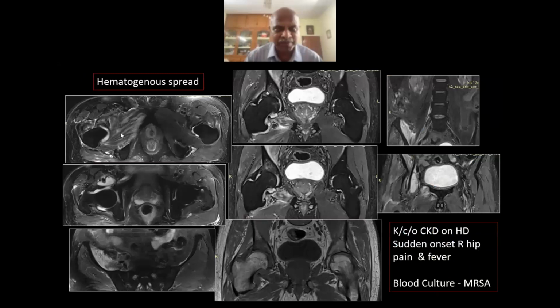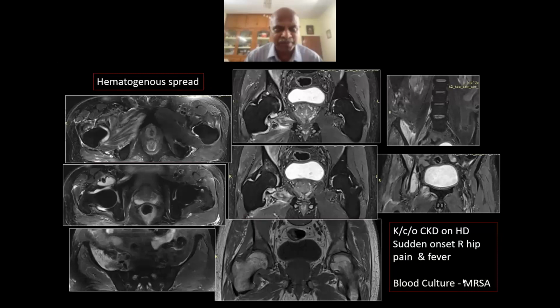Plus, there's a lot of periarticular edema involving the muscles around the hip joint. That's the iliacus there. And there is some reactive marrow edema in the acetabulum, also seen well on your T1 weighted images.